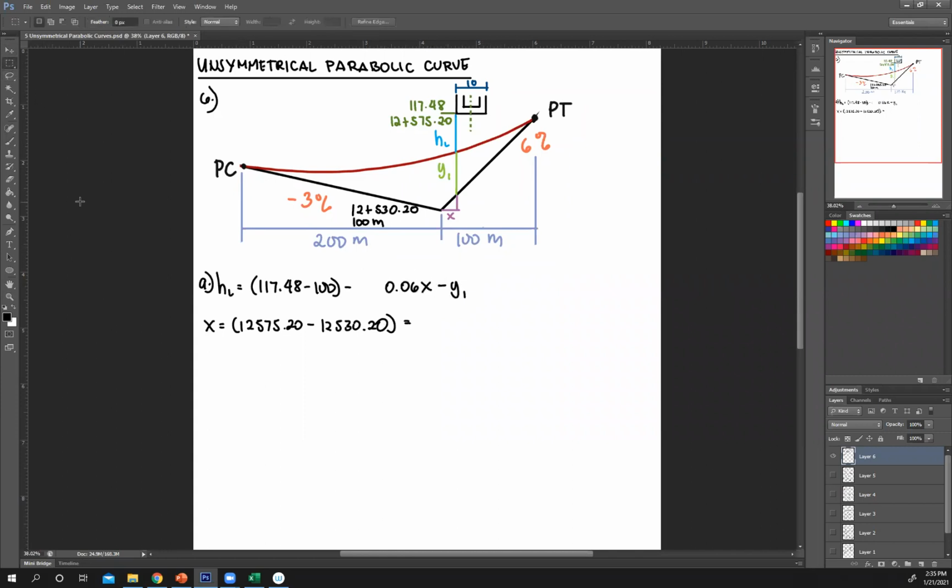But that's the center line. Remember, this stationing is at the center line, so what we got is this, 45.